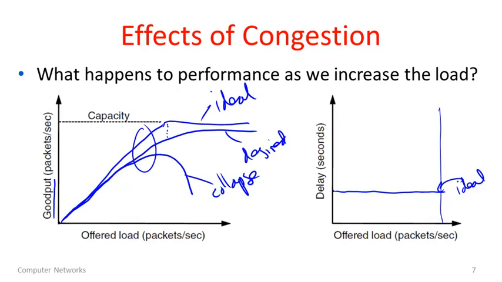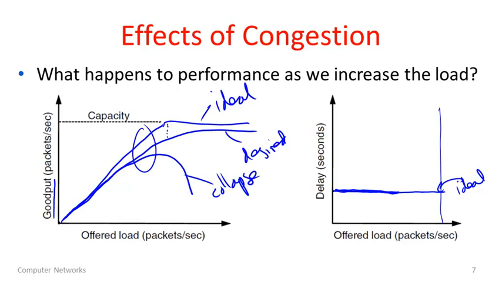Initially, and until we get close to the capacity, we will have output rates that are greater than the input rates, and so we would expect there to be almost no queuing. In that case, the delay is really not going to go up much at all. However, as we get close to congestion, those queues are going to start to build. And as they start to build, the delay will build.